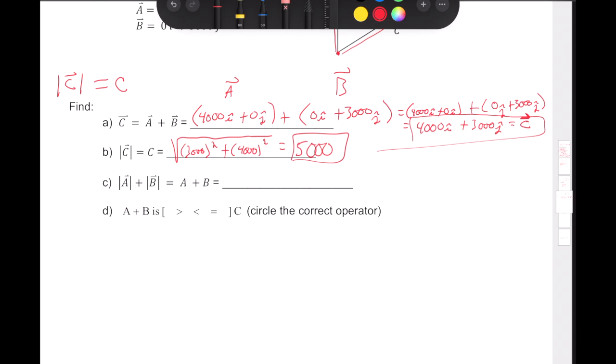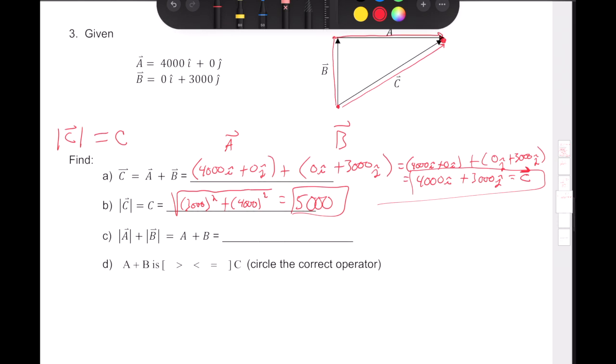All right, now let's do, this is also going to tell you that the absolute value of A, I keep saying absolute value, the magnitude of A plus magnitude of B, which is rewritten, just remember, as letter plus letter without any decoration. What's that going to be?